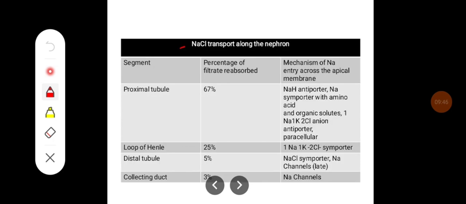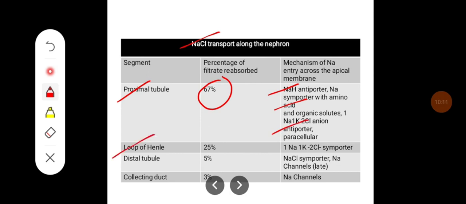If you see the sodium chloride transport along the nephron, in the proximal tubule, almost 67% is reabsorbed. It is through sodium hydrogen antiporter, sodium symporter with amino acids and with other organic solutes, and in some amount sodium potassium 2-chloride antiporter.